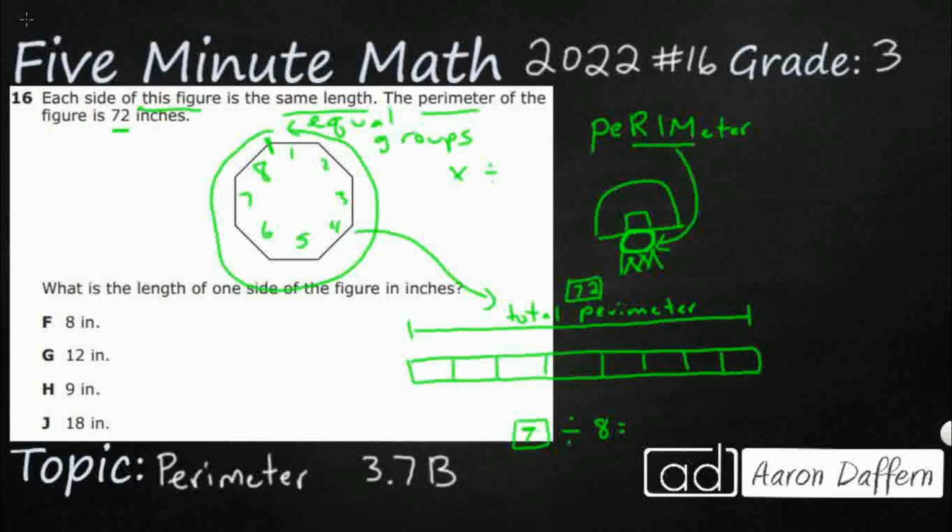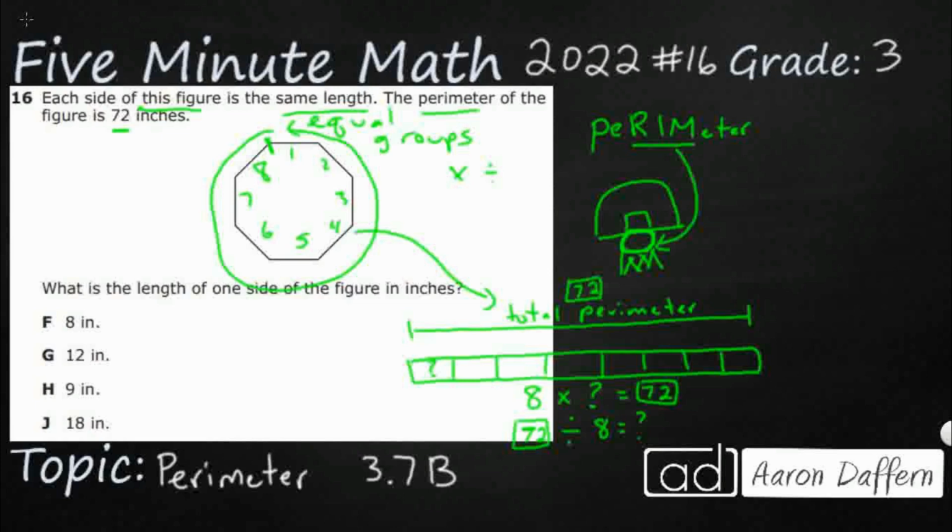So I can divide my 72 by 8, and that's going to be my question mark, right? So we're looking for how much is in each box. Or I can say 8 sections of we don't know how much is going to get us our total of 72. And so either one is going to help us.